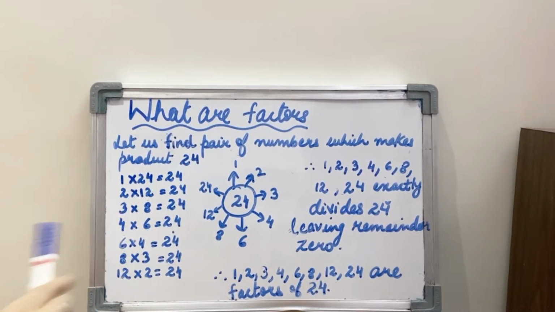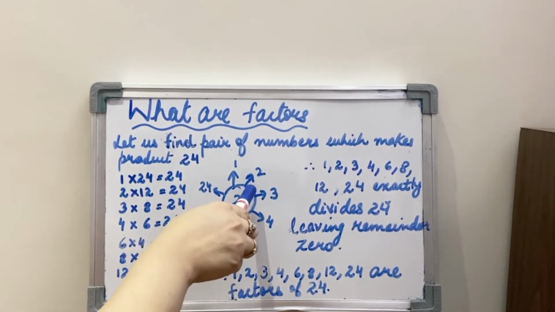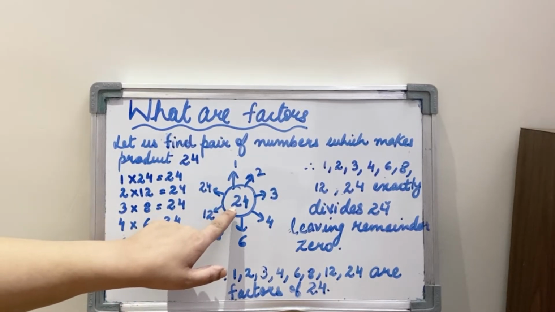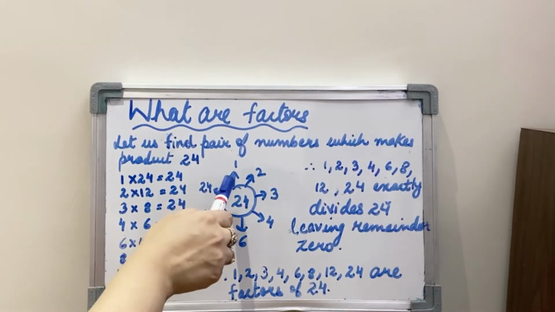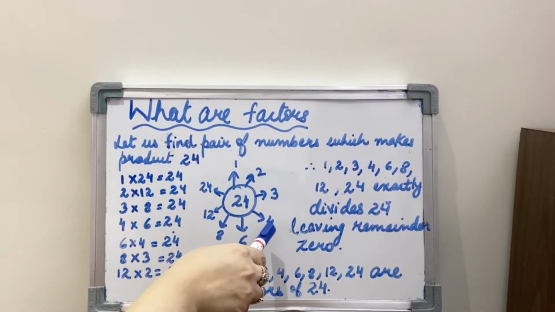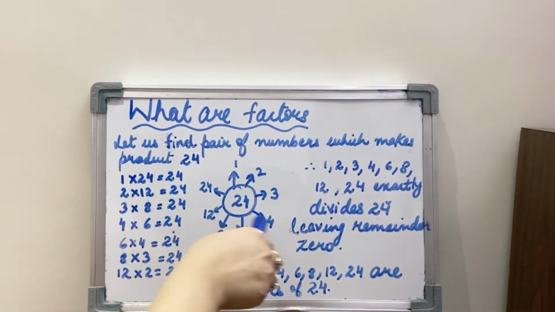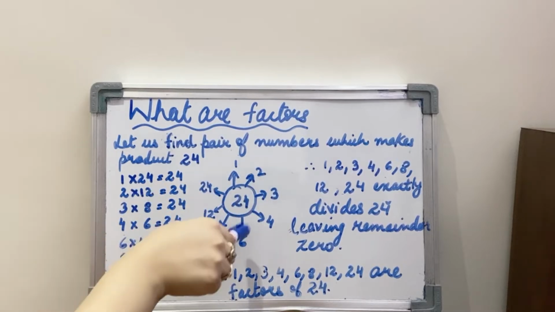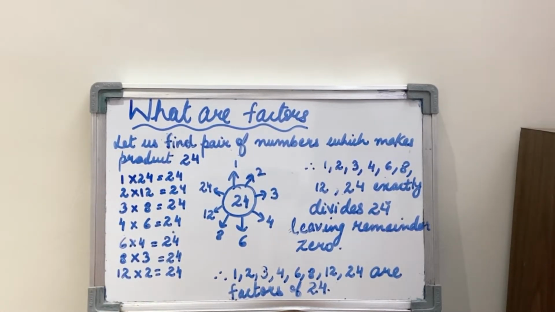So if I take all these numbers only one time, that means 24 is in the middle. This is a multiple. And all these are the factors if I take them once: 1, 2, 3, 4, 6, 8, 12, 24. So that means whenever I divide 24 by these numbers, the remainder will be 0.